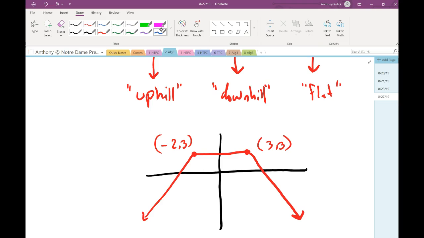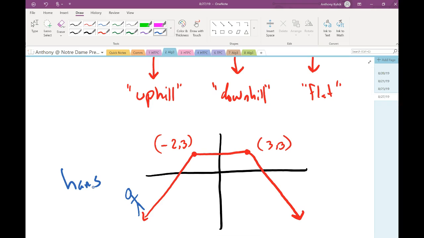So when we talk about uphill, we're talking about as you walk along the graph. Pretend you have a little man that walks along the graph that starts on the left-hand side and ends on the right-hand side of the graph. I like to give my little man a name. I call him Hans, like he's a Swiss mountain climber or something.